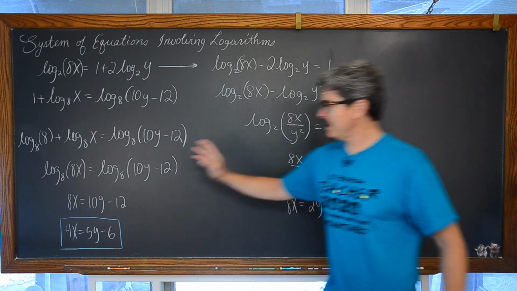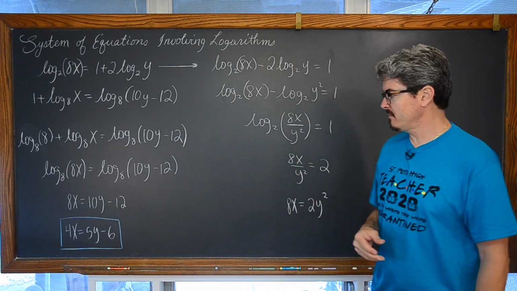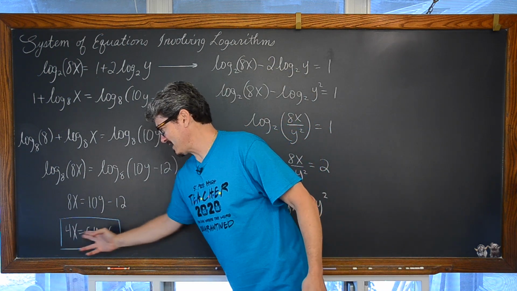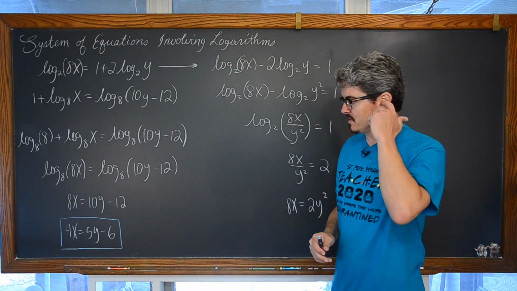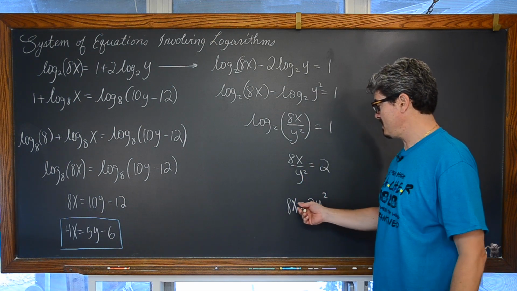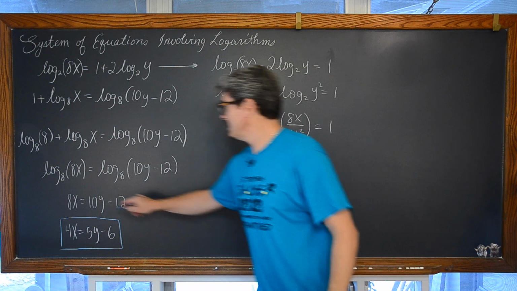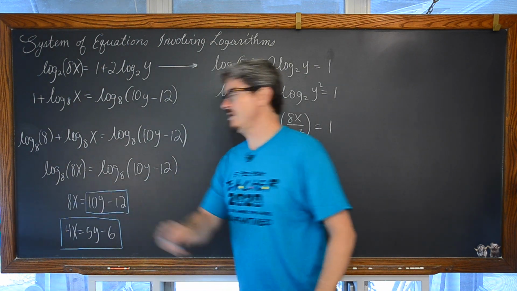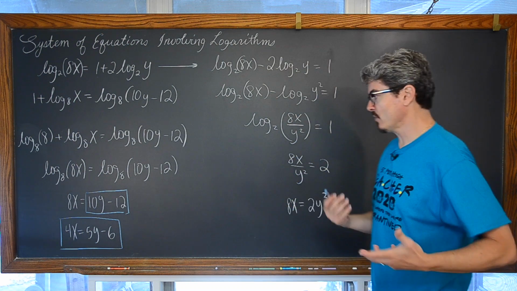And while I took this expression and divided everything by 2, even though I made this example with 4x is equal to 5y minus 6, when I look at this and say 2y squared is equal to 8x, actually this is our perfect expression that we can use for substitution, and that's how we're going to bring these together.